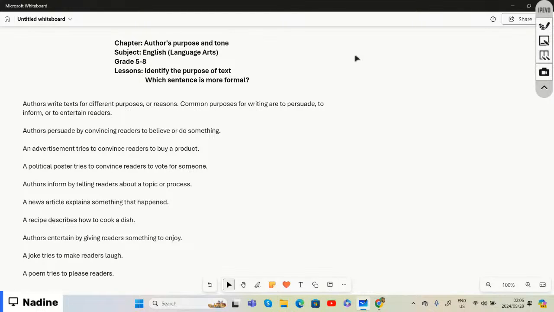And whenever authors write either books or texts or articles, there's a specific tone that we need to read between the lines in order to see how the author is trying to say something when he's basically saying it.